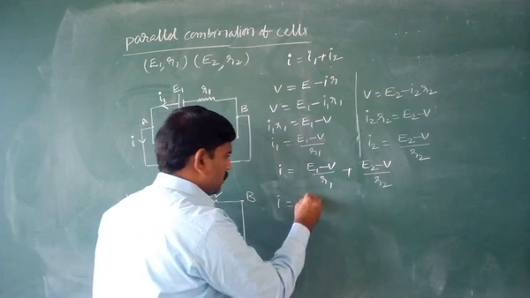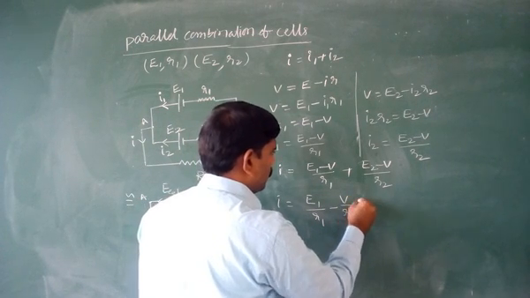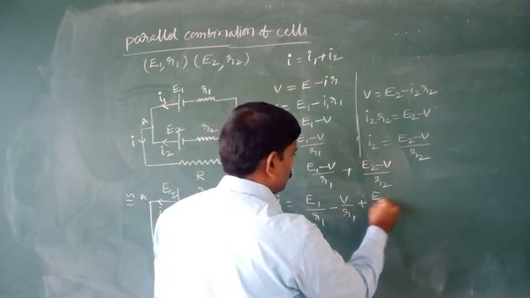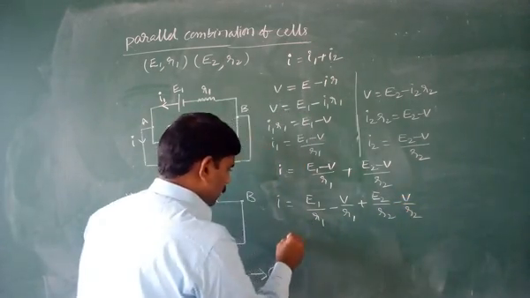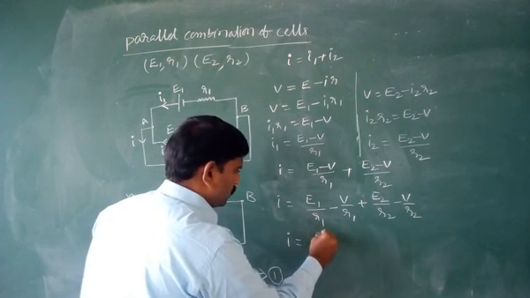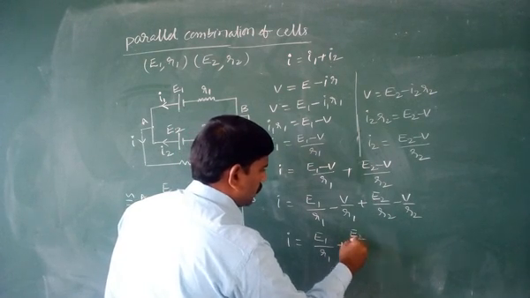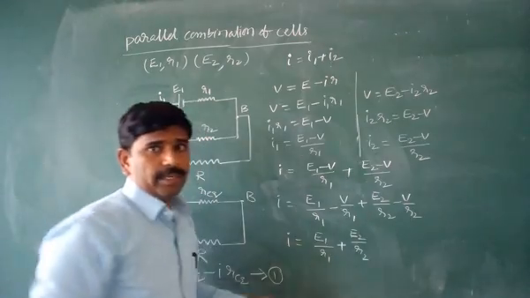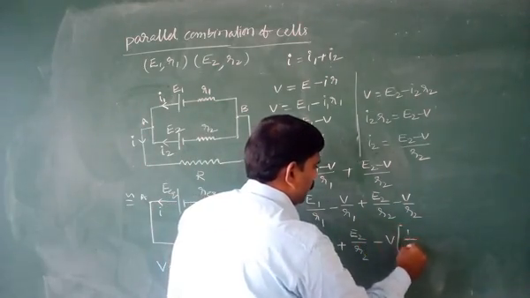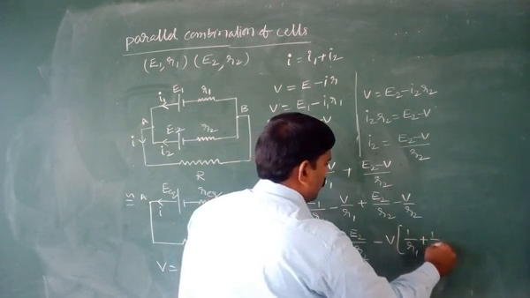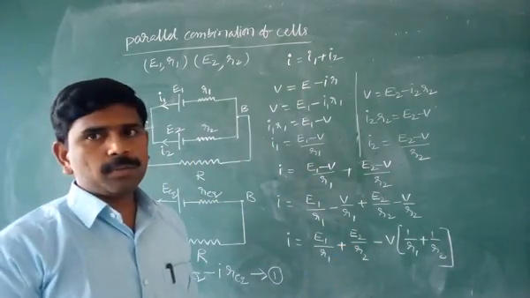Therefore, I is equal to E1 by R1 minus V by R1 plus E2 by R2 minus V by R2. So from here, I is equal to E1 by R1 plus E2 by R2 minus V into (1 by R1 plus 1 by R2).